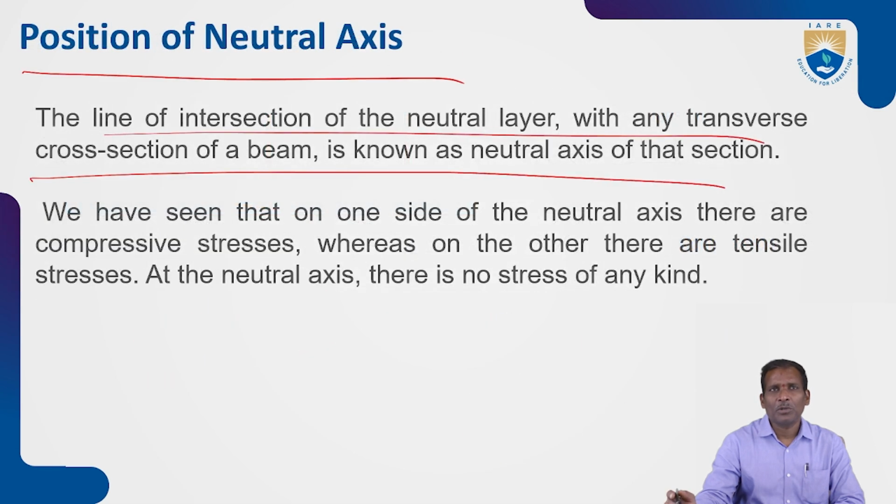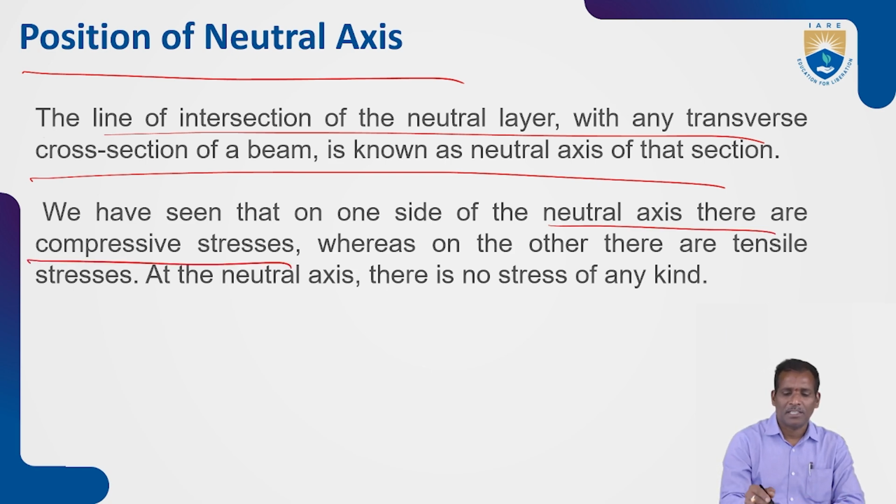How do you calculate the distance of the neutral axis from its cross section? We have seen that on one side of the neutral axis there are compressive stresses, whereas on the other there are tensile stresses.